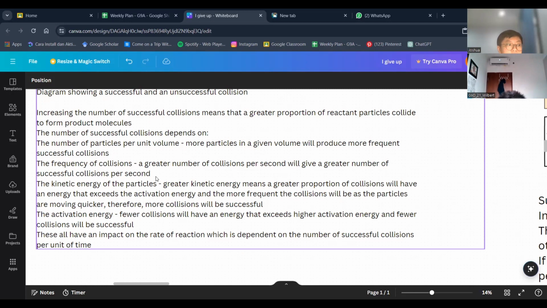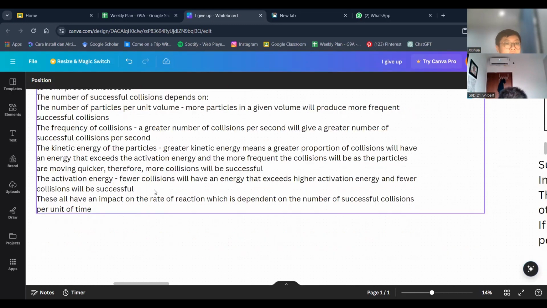This can be altered with heat or pressure, with more heat and more pressure applied making the particles move faster, which increases the kinetic energy of particles, which is similar to the frequency of collisions, and the activation energy.